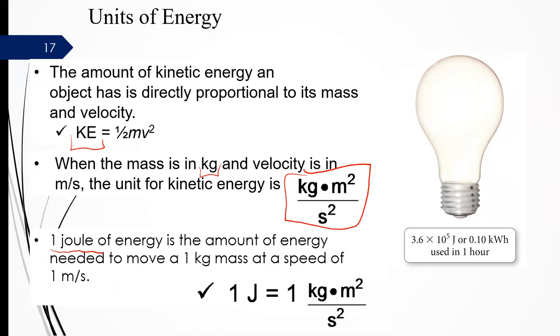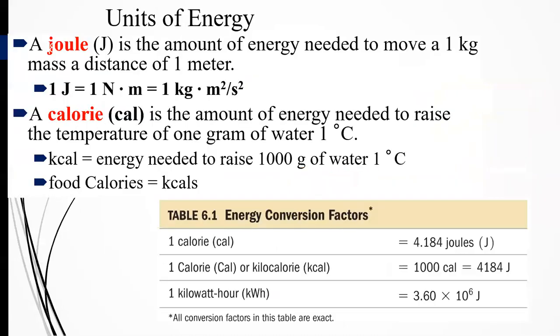And so this is the basis of what a joule is, and a joule is typically how we talk about our energy. It's the amount of energy needed to move 1 kilogram of mass at a speed of 1 meter per second for its velocity, which can be quite a lot. So we're going to use joule often when we talk about the energy of a system.